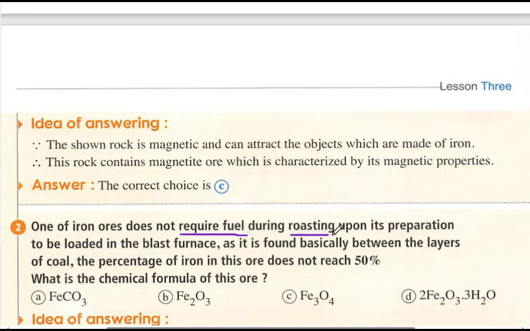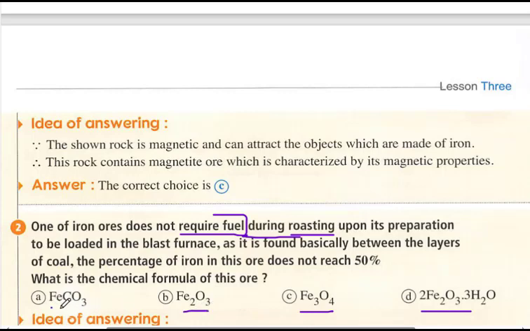It does not need fuel during the reduction process. There is a reduction process, but we do not need a carbon fuel because it is found in the layers of carbon itself. So here, this is limonite, this is magnetic iron oxide, and this is ferric oxide or hematite.